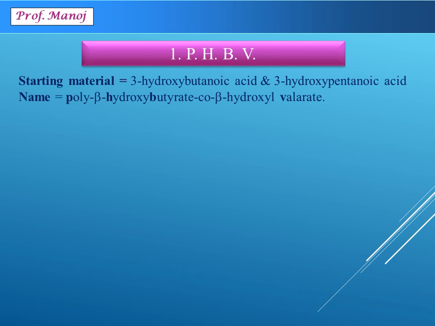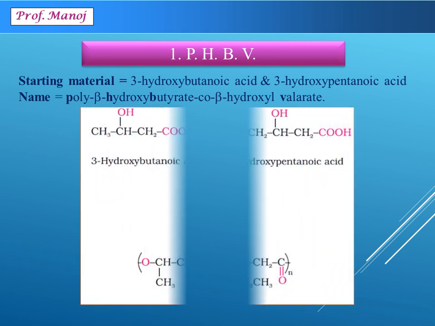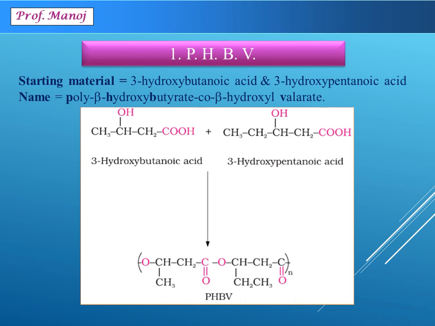The abbreviation is made as P, H, B and V. In the synthesis we can see first 3-hydroxybutanoic acid treated with 3-hydroxypentanoic acid. We form a kind of ester linkage here in between, COO, and that is the PHBV polymer.